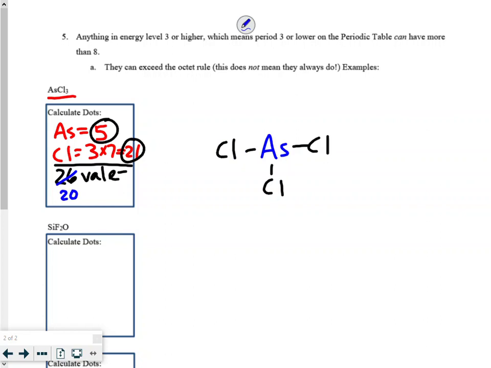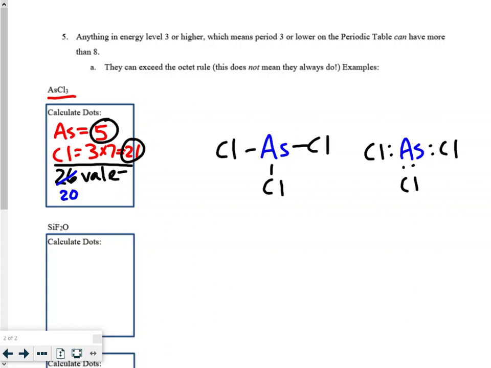I do also want to show you over here that you could draw it this way too. Like I said, you could use the dots instead, like so, to connect them. 1 dash means 2 dots, so you can use the 2 dot representation or you can use the dash representation. Either way is acceptable. Okay?